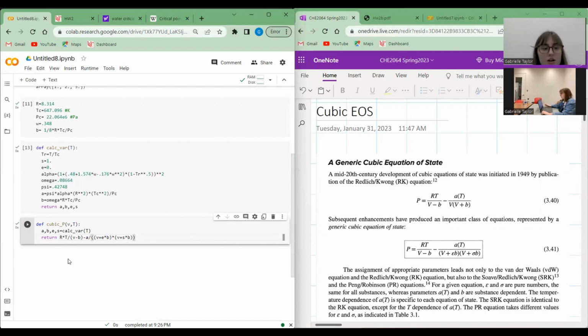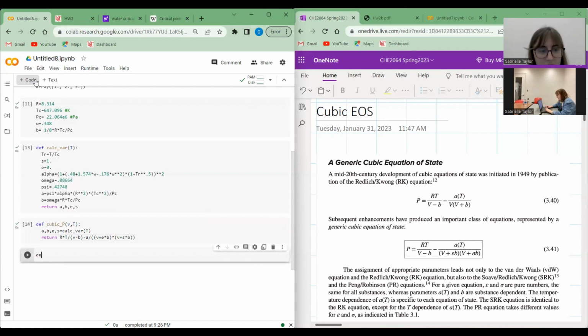So after we calculate our cubic pressure, the next thing we want to calculate is our cubic volume. This is going to help us calculate our actual areas. To calculate our cubic volumes, let's first define another function. This one is going to be cubic volume, and volume is going to be based off of pressure and temperature.